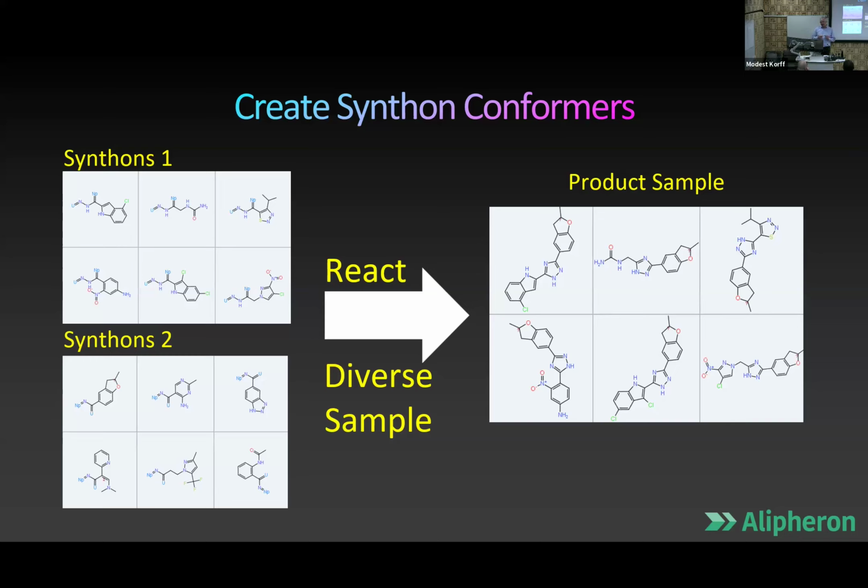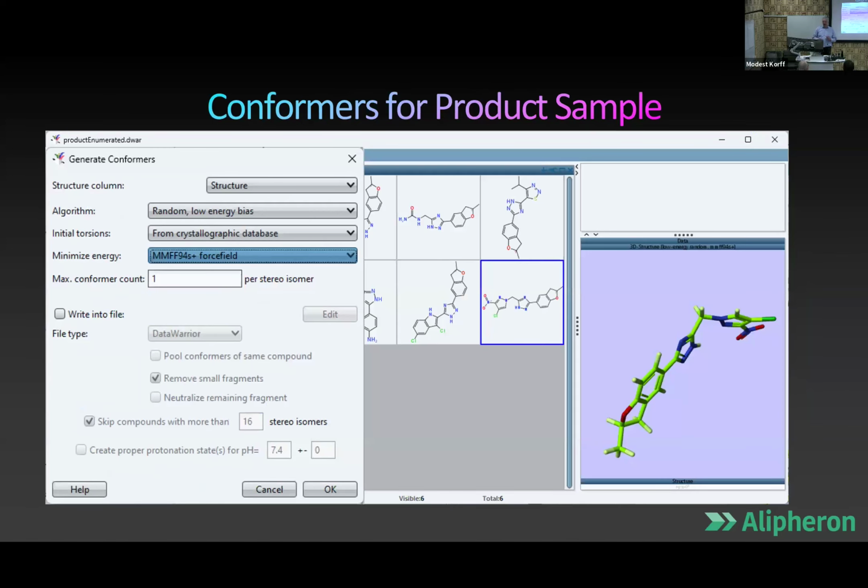So what we are doing is, and this is now the first part of the Pharos 3D search I present today, we create a diverse sample of the synthons. We react them, and then we have the product or the products, and these products are fully enumerated molecules. And then we take these molecules, and for these molecules, we calculate the conformers with the conformer generator.